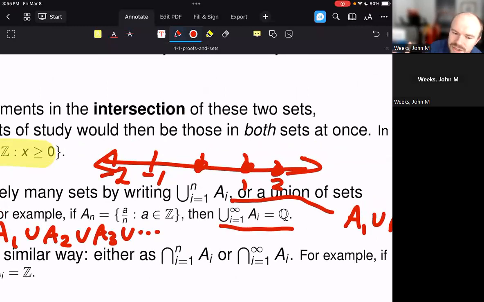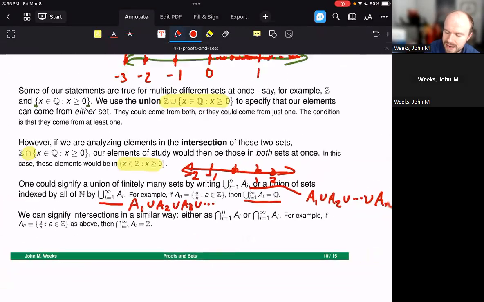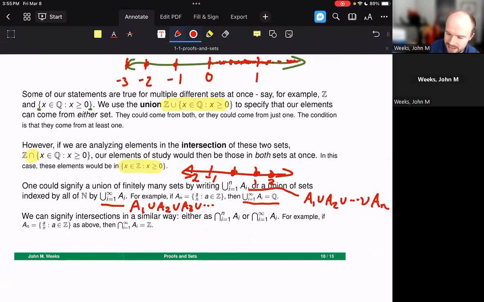So that's one way that you can think of unions, that you're throwing in literally every single element from any set that's given here, and that it can be an infinite collection of sets. Intersections can be written in a similar way. If you're intersecting n sets, then it looks like the intersection from i = 1 to n of A sub i, or the intersection as i goes from 1 to infinity of A sub i.